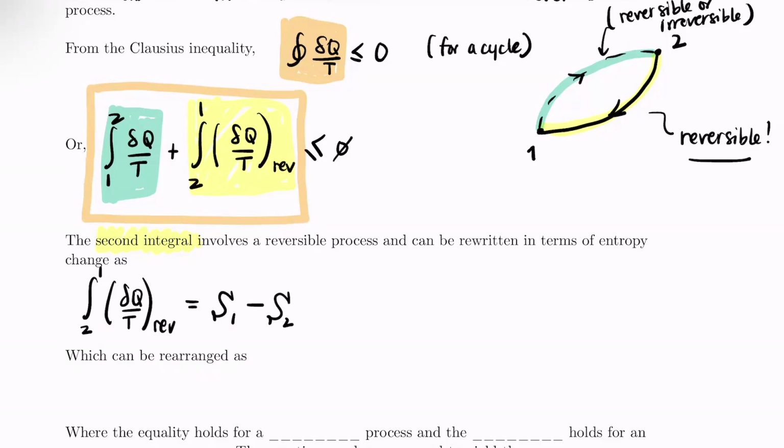Okay? So that means that our equation now becomes the integral from 1 to 2 of delta Q over T plus S1 minus S2 is less than or equal to 0.